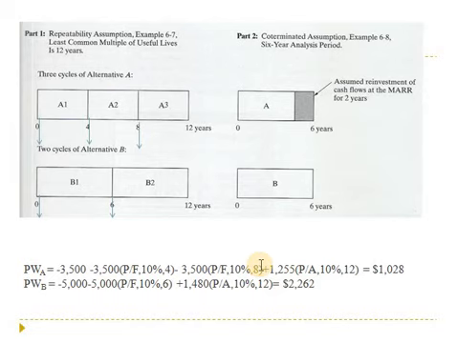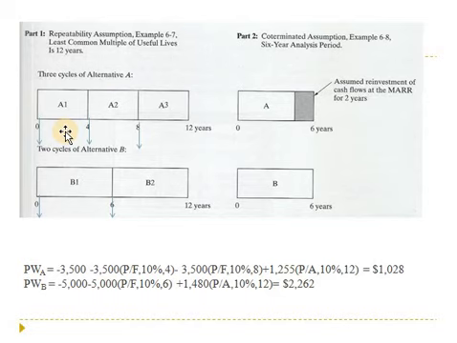So I'm done with repeating the initial investment. What else do I have? With the initial life of alternative A, I had an annuity of 1,255. The annuity was for the 4 years of the first alternative.